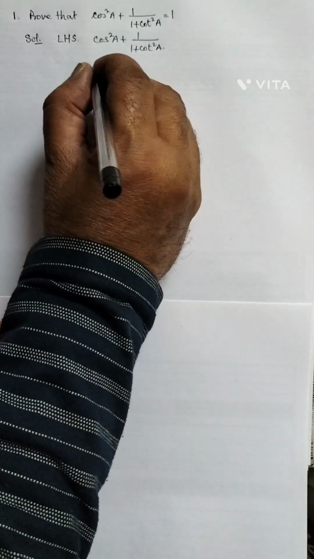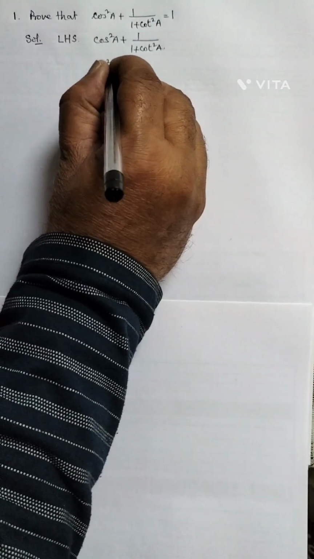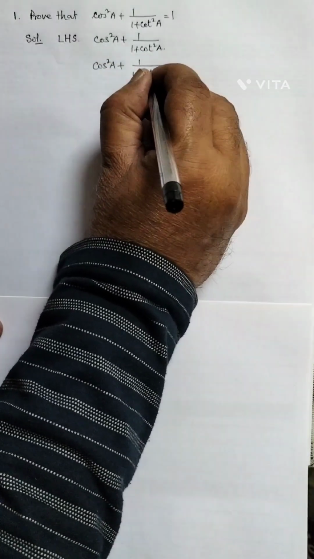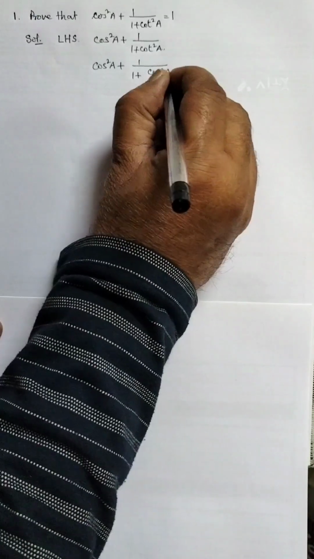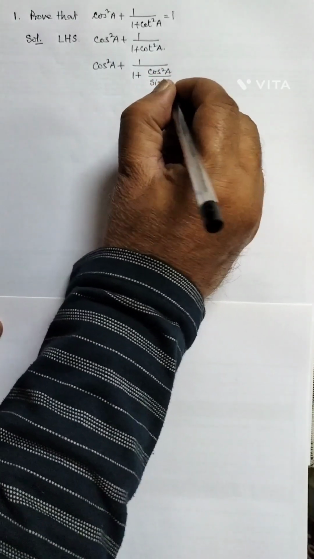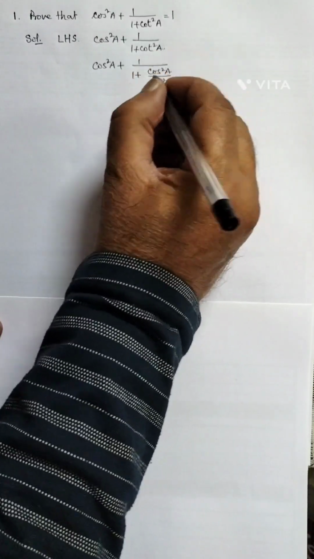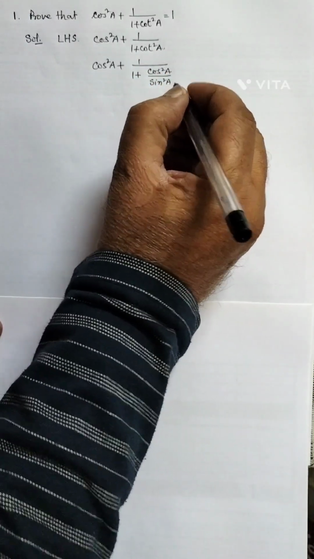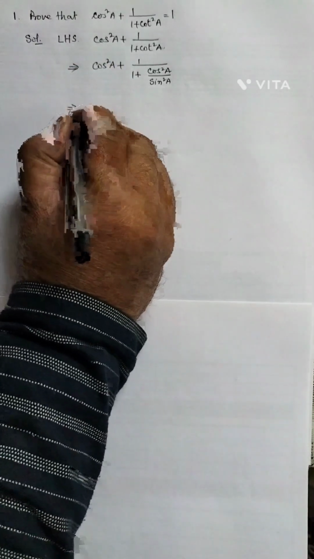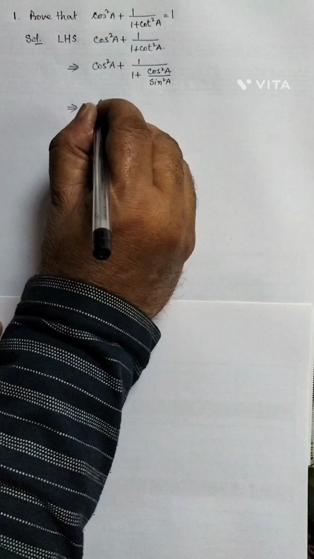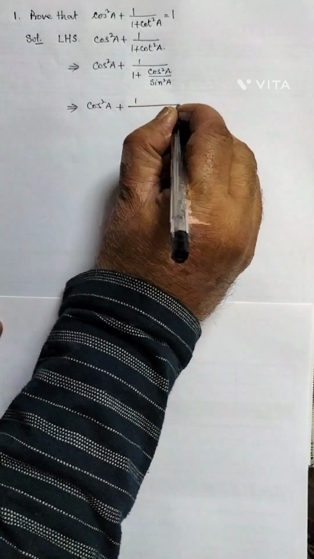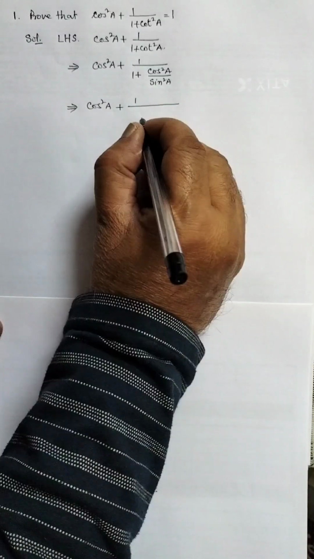Now, in next step, I will convert this cot square in terms of cos square A upon sin square A. As we know that cot A is cos A by sin A.